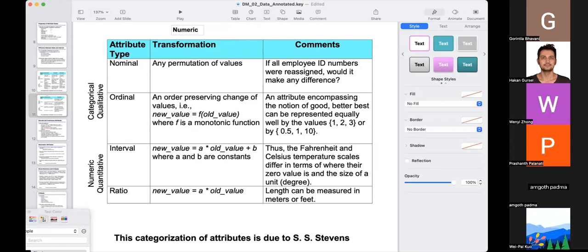So if they are numeric, if they are numbers, they will be called quantitative. And if they are categorical, that is, they are text, then they will be called qualitative.